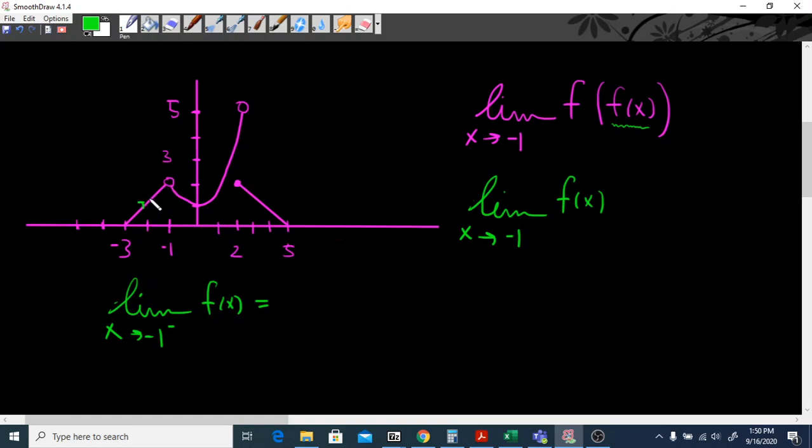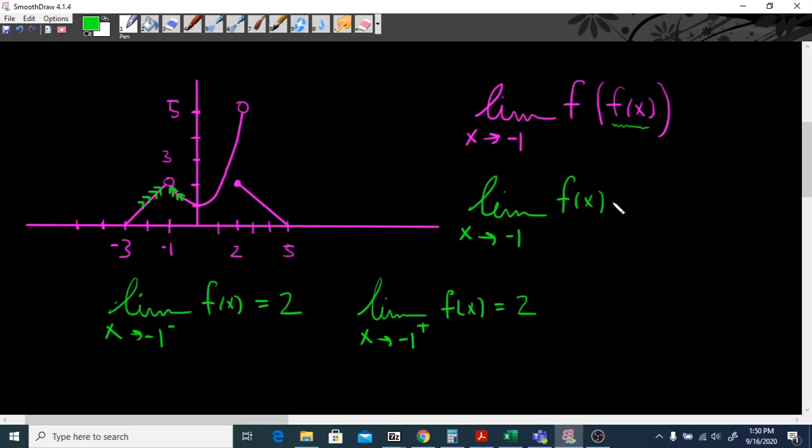And as we approach -1 from the left, we're talking about this, okay? And as we can see, these little markers are getting closer and closer to the y value 2. Likewise, the limit as x approaches -1 from the right, once again, these little tracers are getting closer and closer to y equals 2.